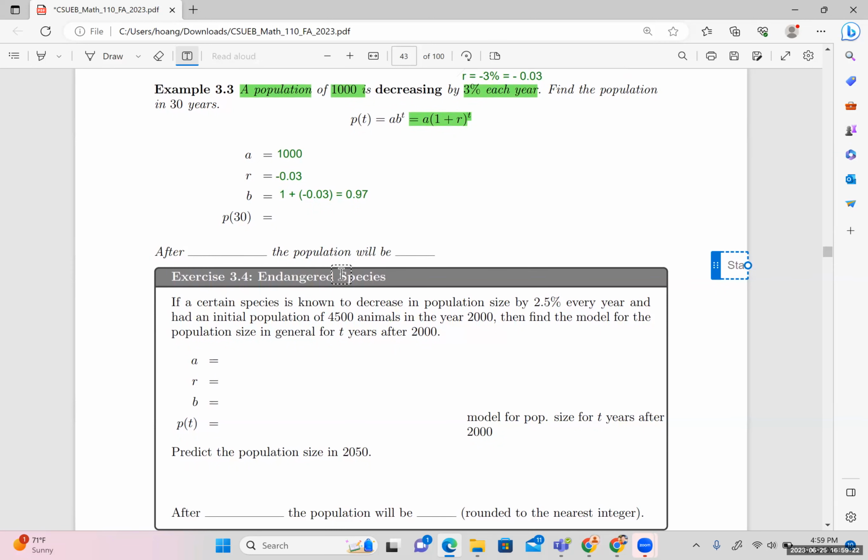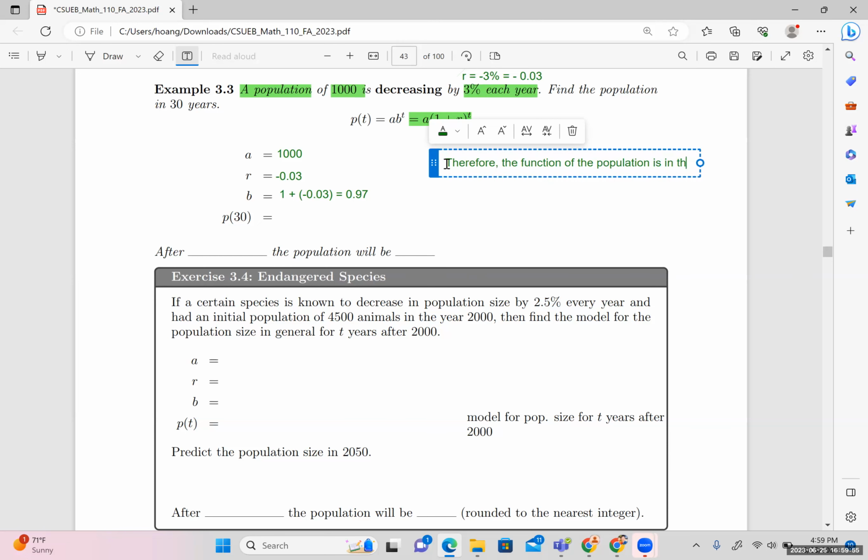Therefore, the function of the population is in the form P of t equals 1,000 times 0.97 raised to the power t.